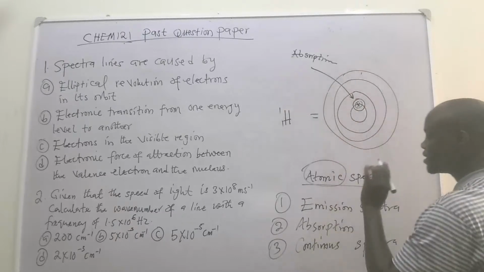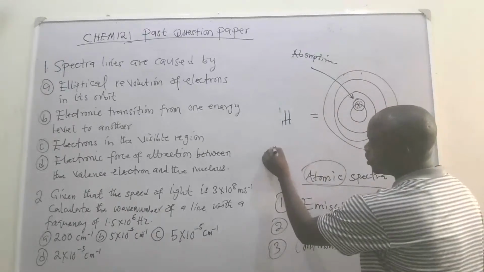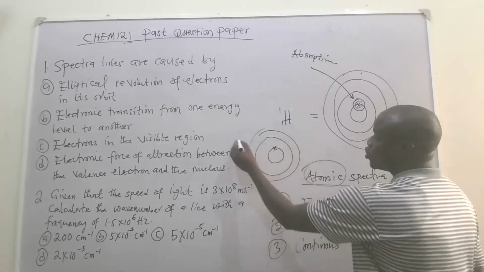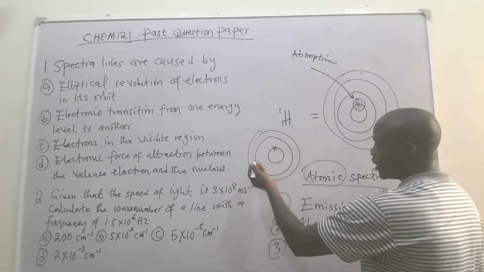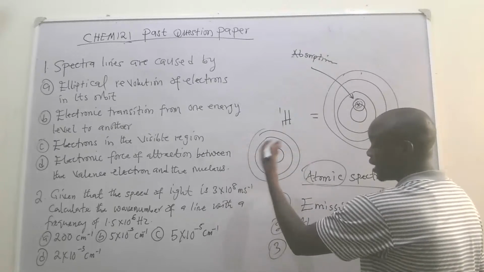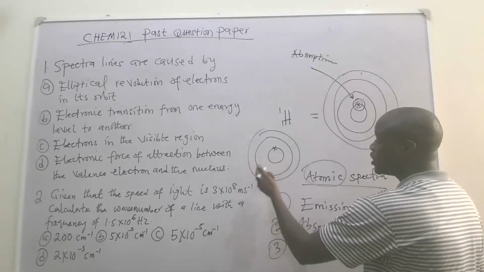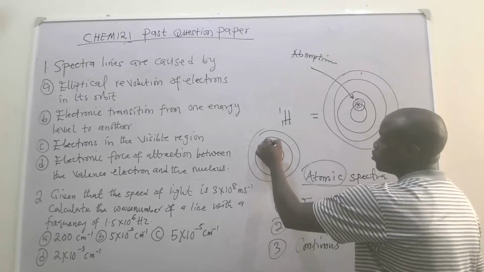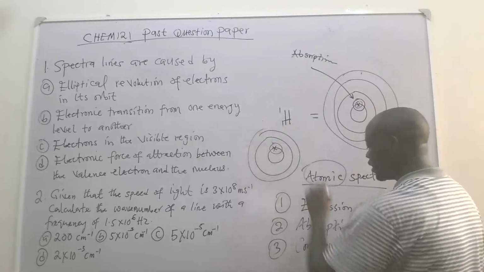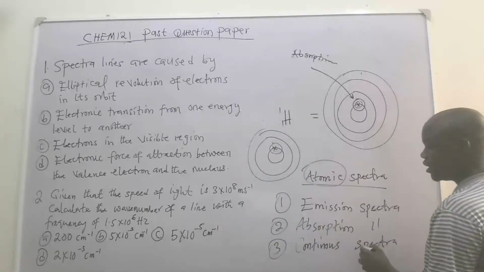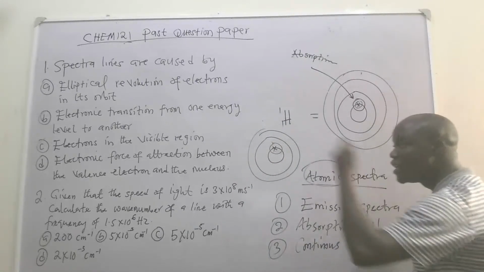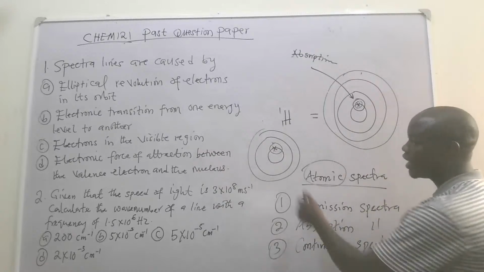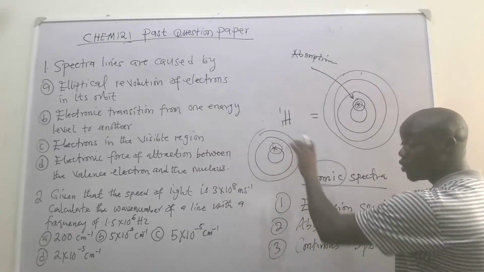In the case of sodium, some shells remain invisible. When an element absorbs energy, the electrons move from lower energy level to higher energy level. But in a situation where the element emits the energy, the electron will fall back to its original shell.